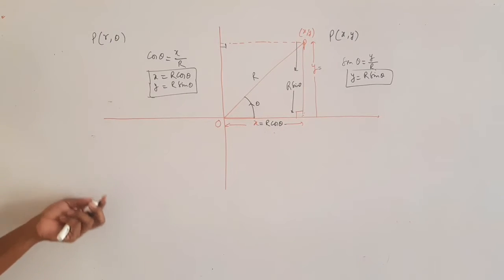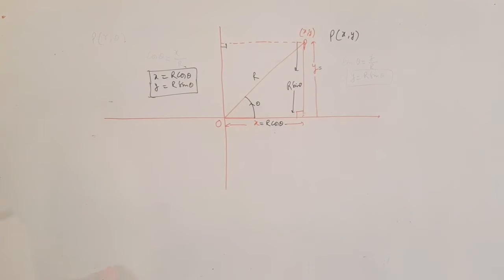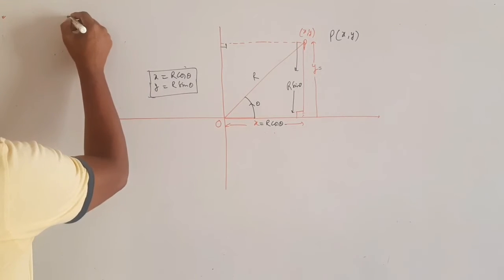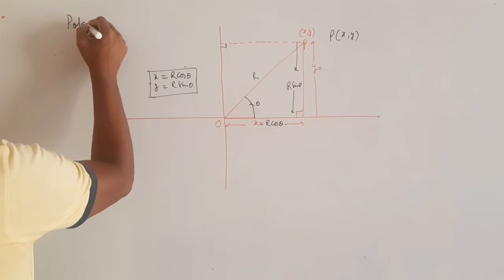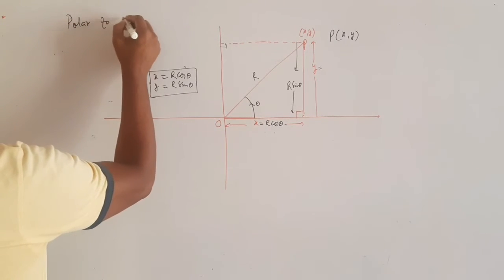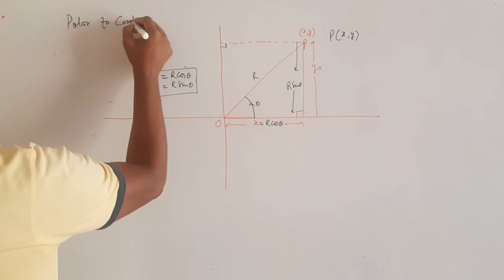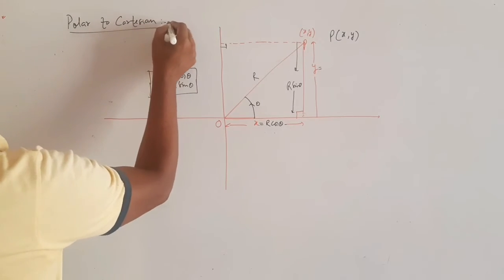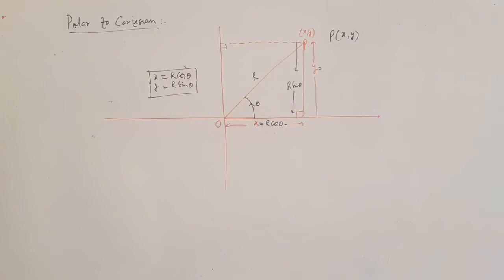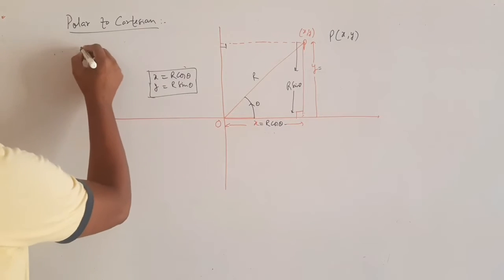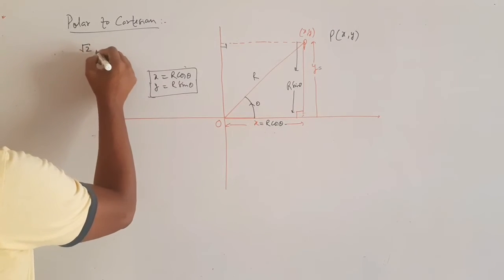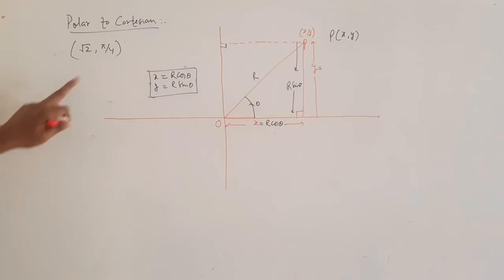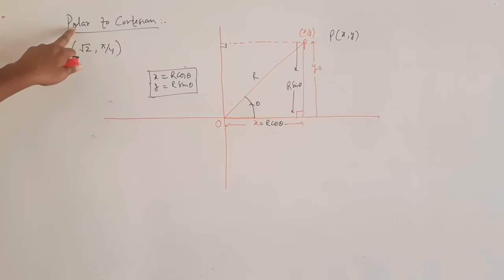So just give me a break to remove all this. Now we have the case of polar to Cartesian. We can take the example root 2 comma pi by 4. This is given; this is the point expressed in polar form.